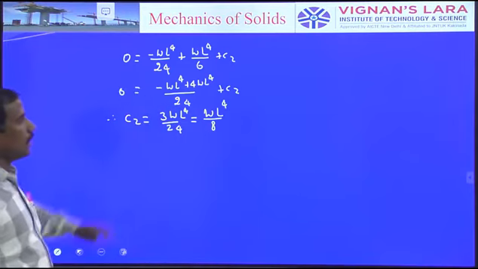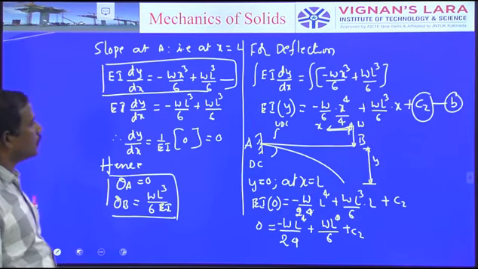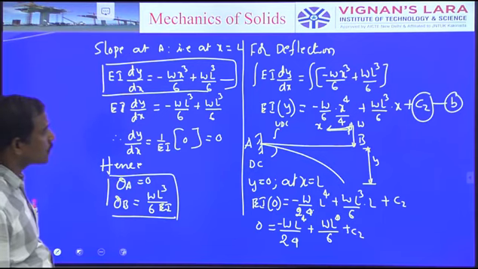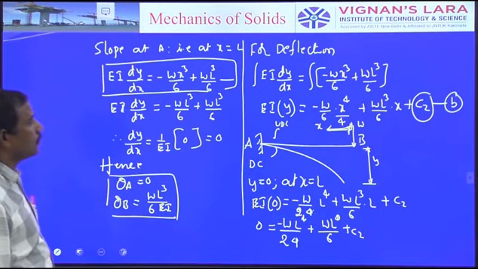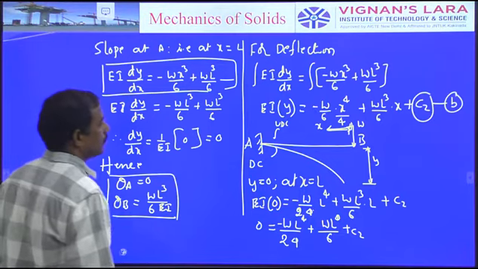Substitute the C2 value in equation B. What is equation B? EI into Y is equal to minus W x power 4 by 24 plus WL cube into x by 6.